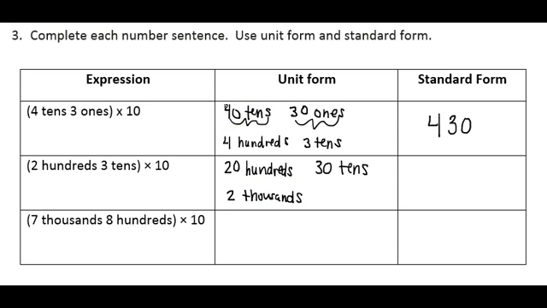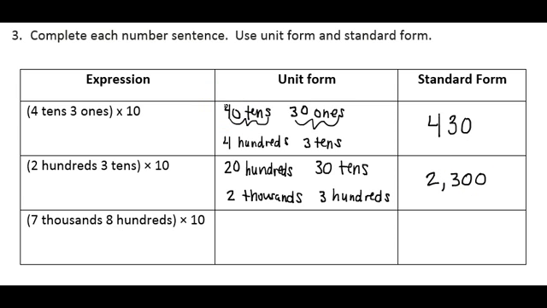Since 10 hundreds is the same as 1,000, 20 hundreds would be the same as 2 thousands. Since 10 tens is the same as 100, 30 tens would be the same as 3 hundreds. And in standard form, 2 thousands, 3 hundreds would look like this, 2,300.